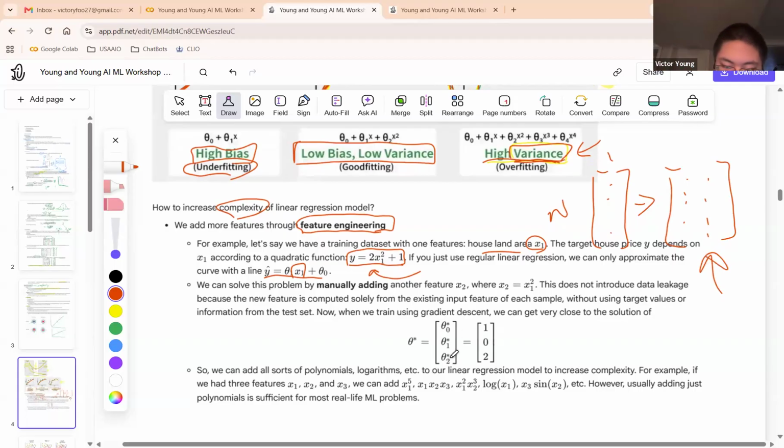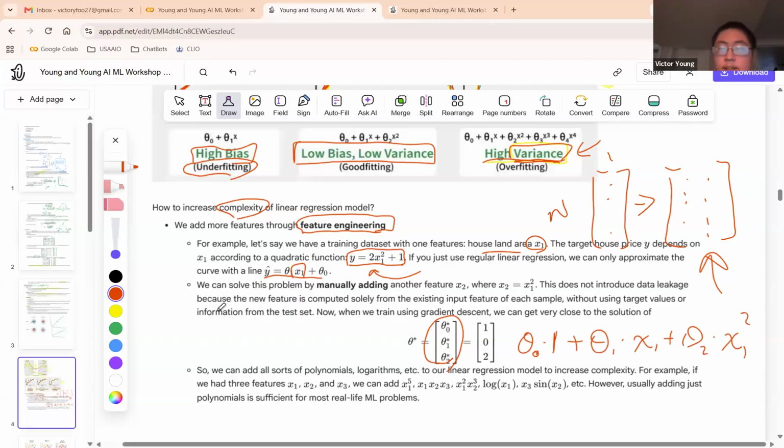So what will we get? Remember that linear regression is theta 0 times 1. This is the bias term, right? This is the intercept. Plus theta 1 times x1, so this is land area. Plus theta 2. Right now we have added another feature, which is land area squared, so we have x1 squared.